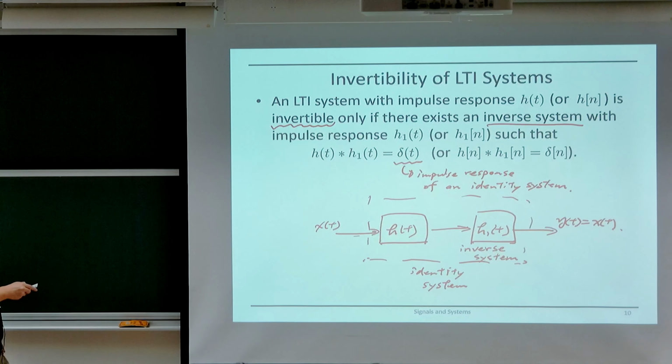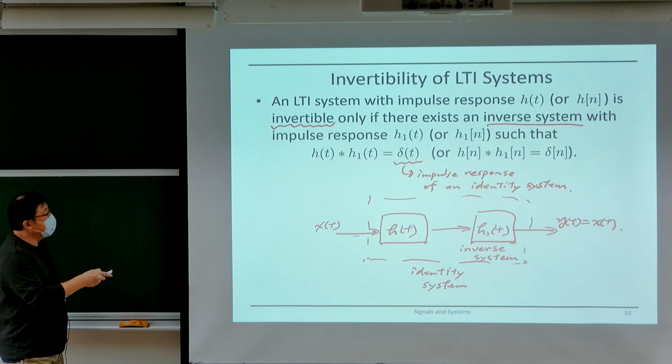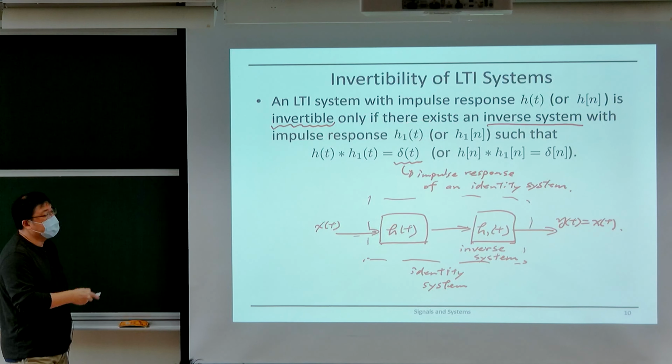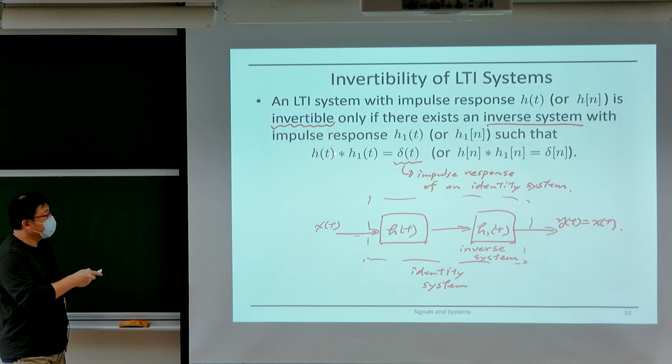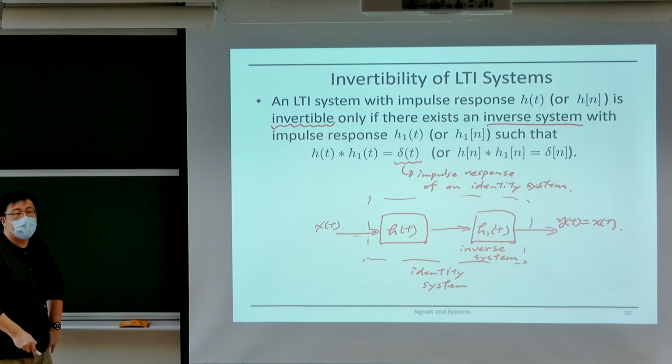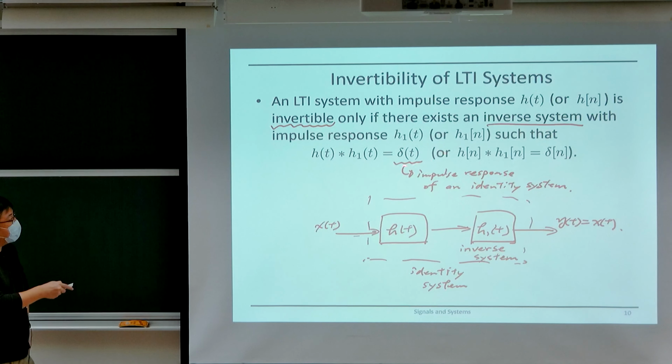Now, we also looked at the case of invertibility. We showed that if a system with impulse response h of t is invertible, this means that you will be able to find another impulse response h sub 1 of t such that the convolution between h of t and h sub 1 of t will be equal to a delta function, a unit impulse.